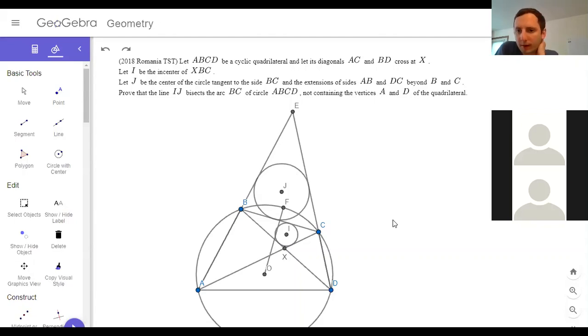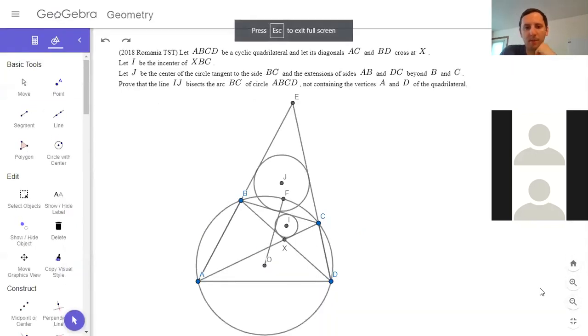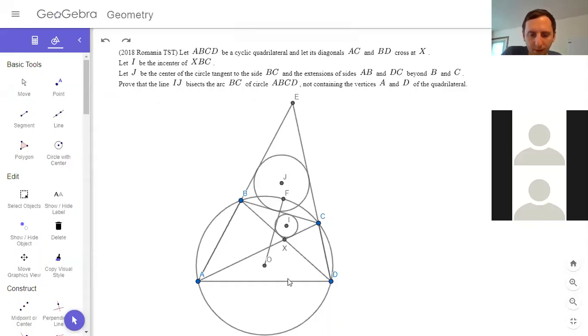Okay, is G the point where the mixtilinear incircle of triangle CAD touches CAD? That's interesting. Sorry, let me try that. So I'm going to look at what Urijon said, which sounds really interesting.